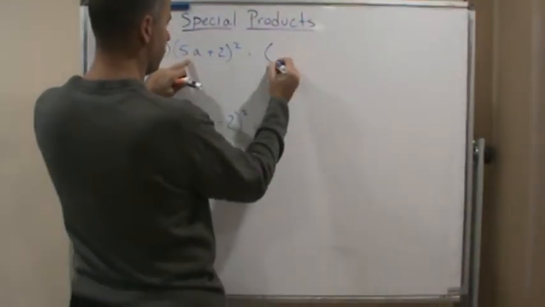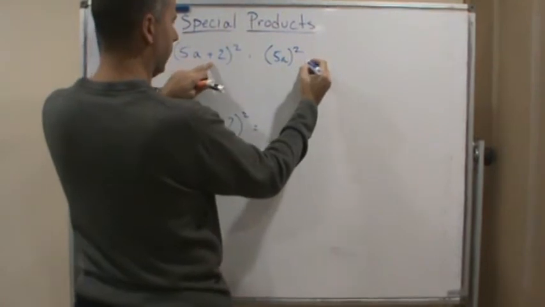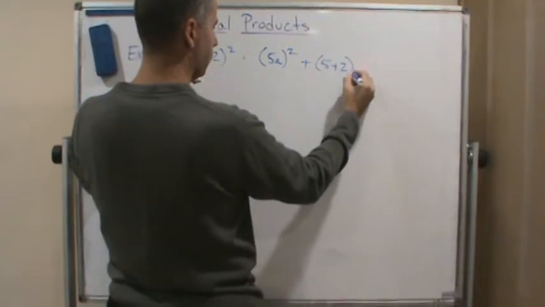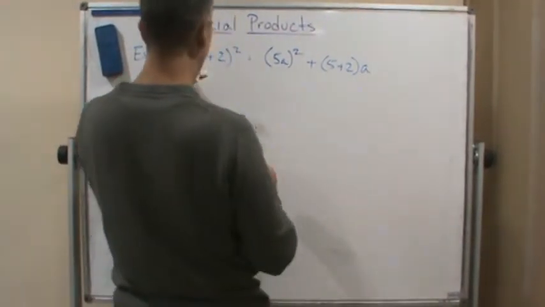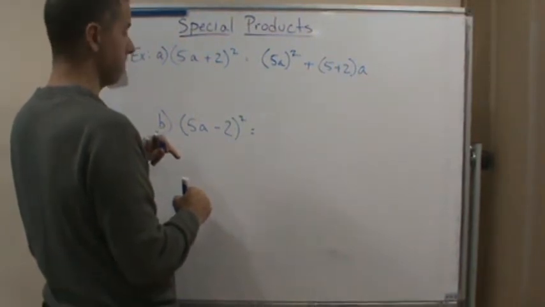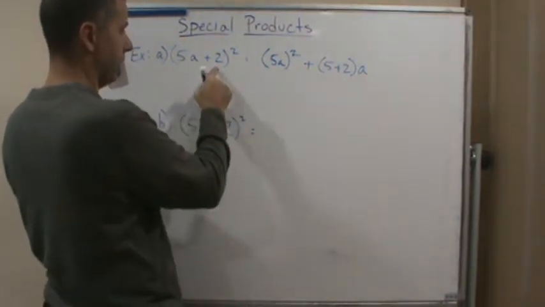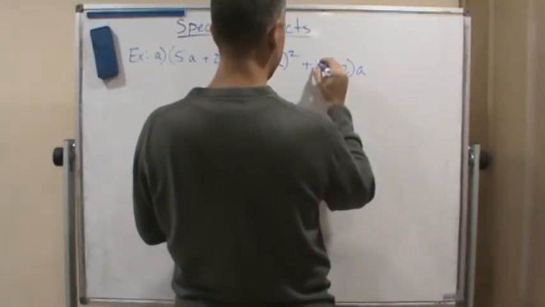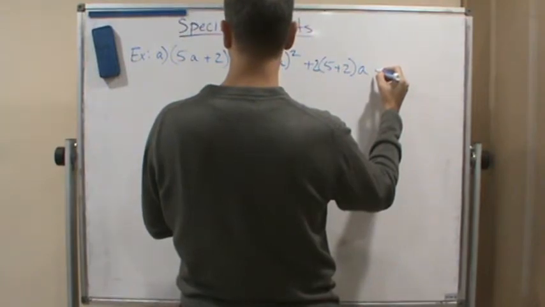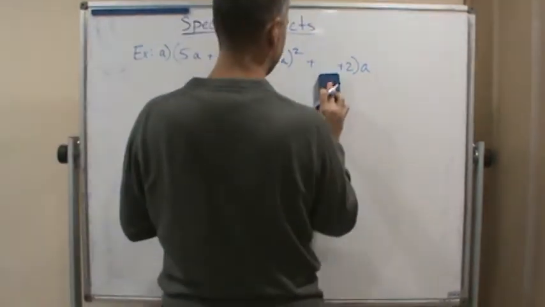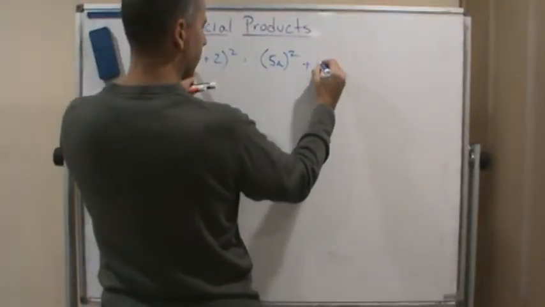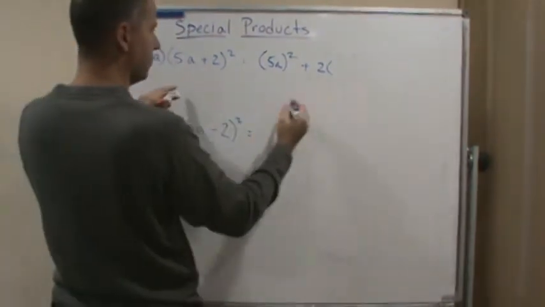5a squared plus the sum of these two, so it'd be 5 plus 2a, right? Okay? And then 2 squared. Oh, times 2. Oh, sorry, I did this wrong. I'm not thinking. So you get 5a squared plus 2 times these two multiplied.